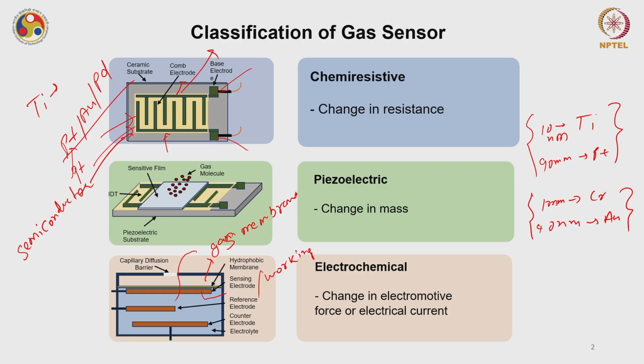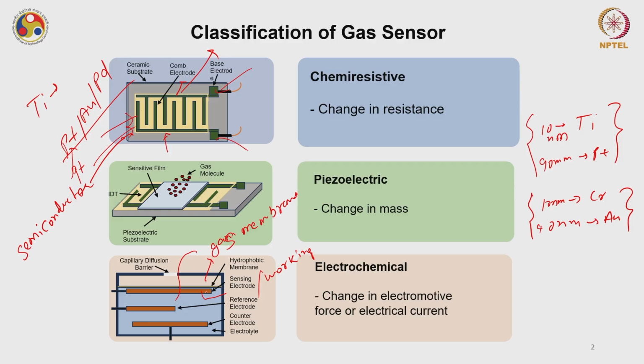What happens is this gas molecule will start an oxidizing or reducing reaction, oxidation or reduction, at this sensing electrode, or working electrode. Due to this reaction there will be a generation of some electrons, and this counter electrode completes the path of the electrons.